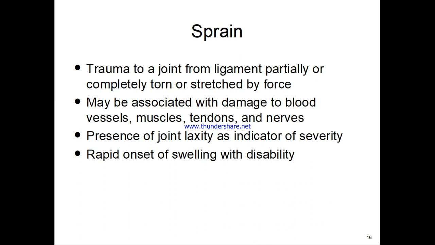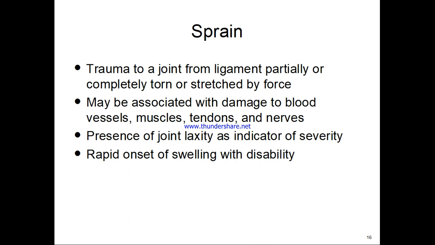A sprain is trauma to a joint from a ligament partially or completely torn or stretched by force, and it can also be associated with damage to blood vessels, muscles, tendons, or nerves. Presence of joint laxity is an indicator of severity. So if someone sprains their ankle and then the joint is very loose to passive range of motion afterward, that indicates that there was a more severe stretching or tearing of the associated ligaments.